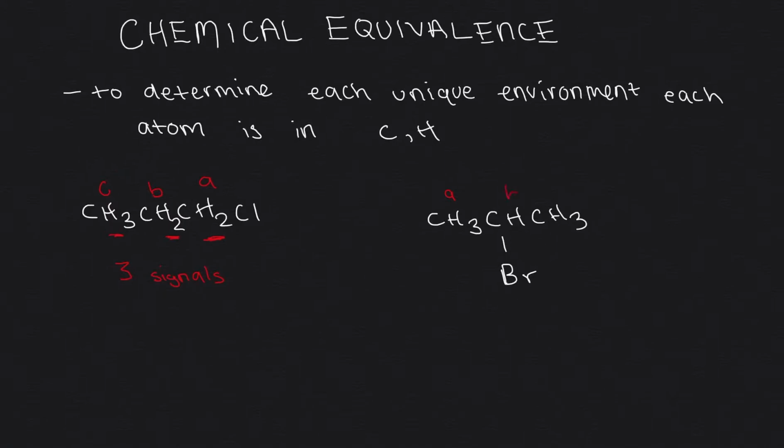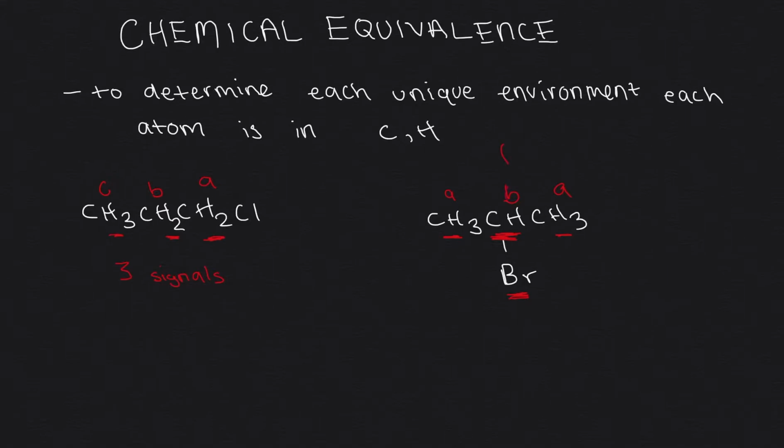So this one is a different environment from that one. Now this last group here, it's right next to this group here, and then it's right next to this one here, just the same as this A group is right next to this one, and then right next to the bromine. This is the same chemical environment as this first one here. They're equally apart from each other.